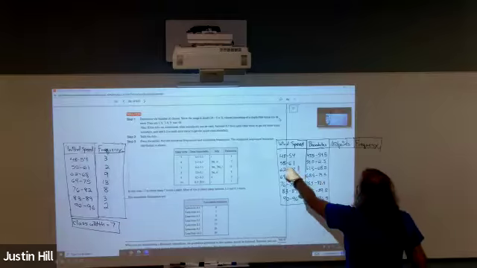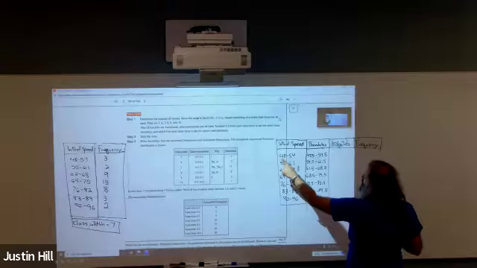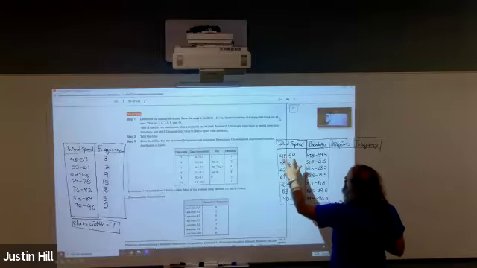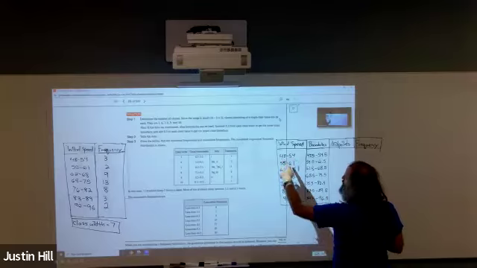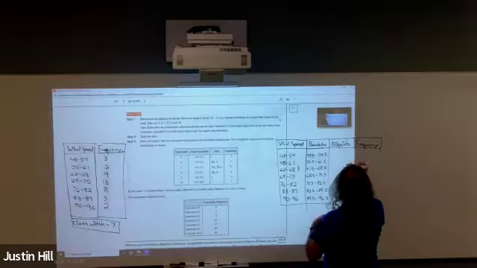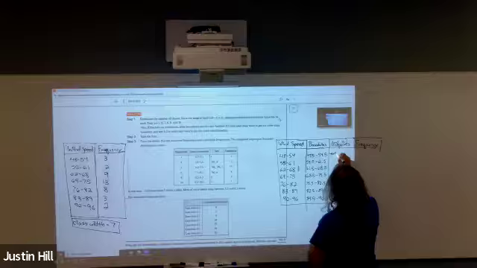For instance, if I want the midpoint for the class from 48 to 54, I'm going to add 48 and 54. I'll write this calculation out once, but then I don't want to write it out every time.